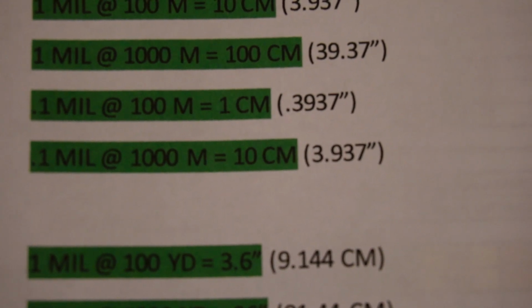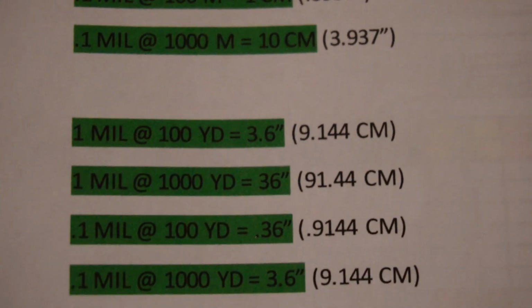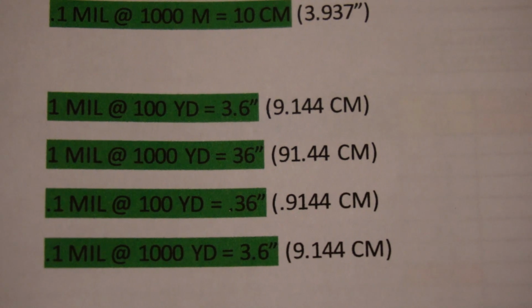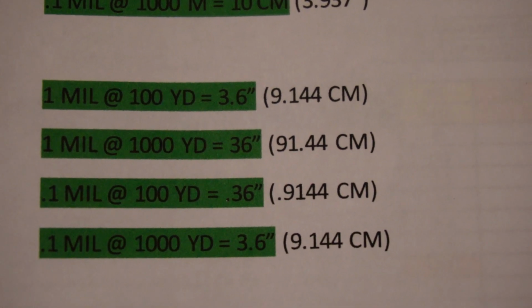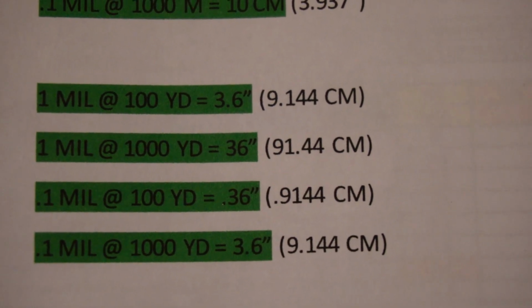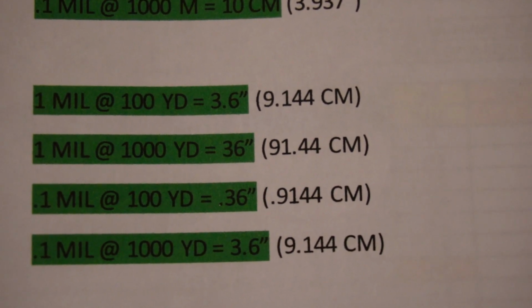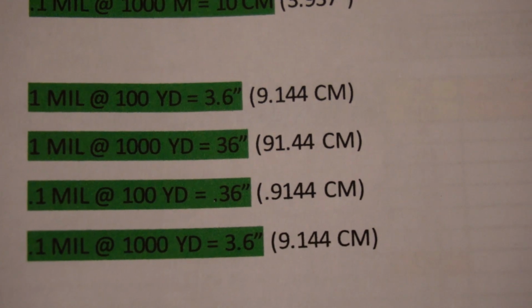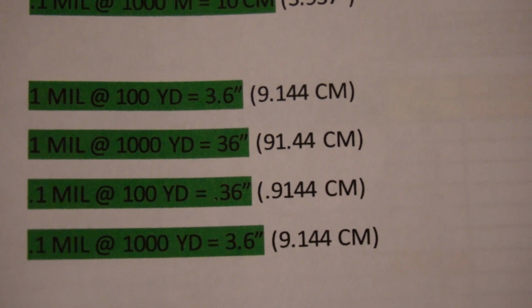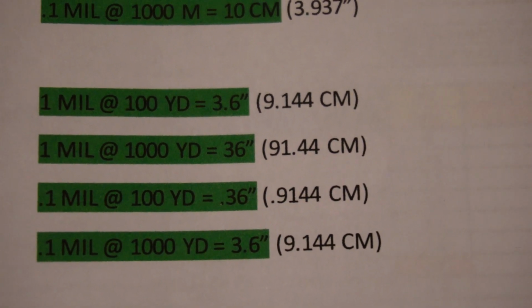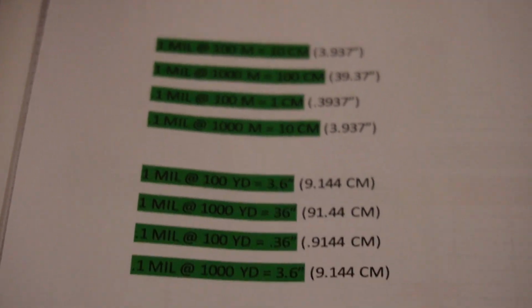At 1,000 meters it is 3.937 inches. And as far as yards go, you're looking at one click equaling 0.9144 inches at 100 yards, or 9.144 inches at 1,000 yards.